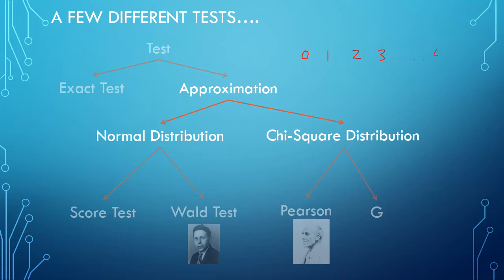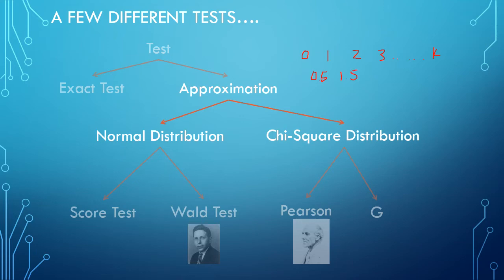In this case, we only have 2, but let's say k categories. Now normal and chi-square are continuous, so 1 is actually in a continuous the same as between 0.5 and 1.5.